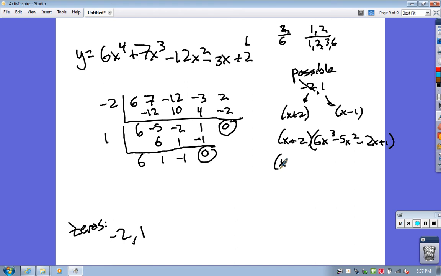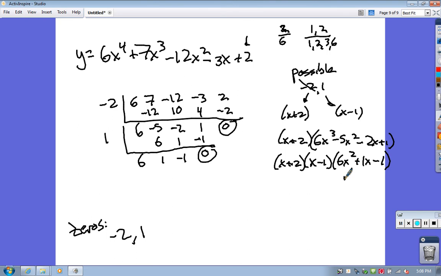What I've done then is I've factored out the x plus 2, and I've factored out the x minus 1 from this. And what's left is 6x squared plus x minus 1. And now I have this quadratic. What I could do with the quadratic is use the quadratic formula, or I could try and factor it. Both of those will work.